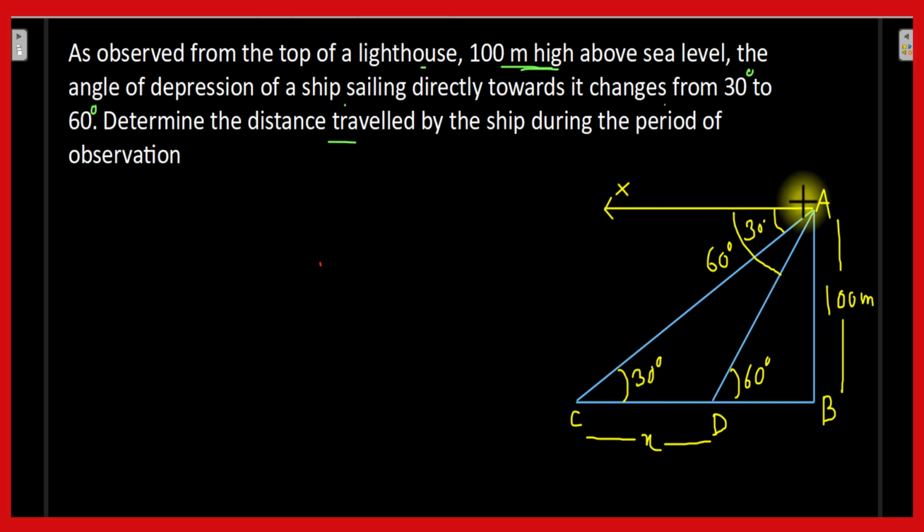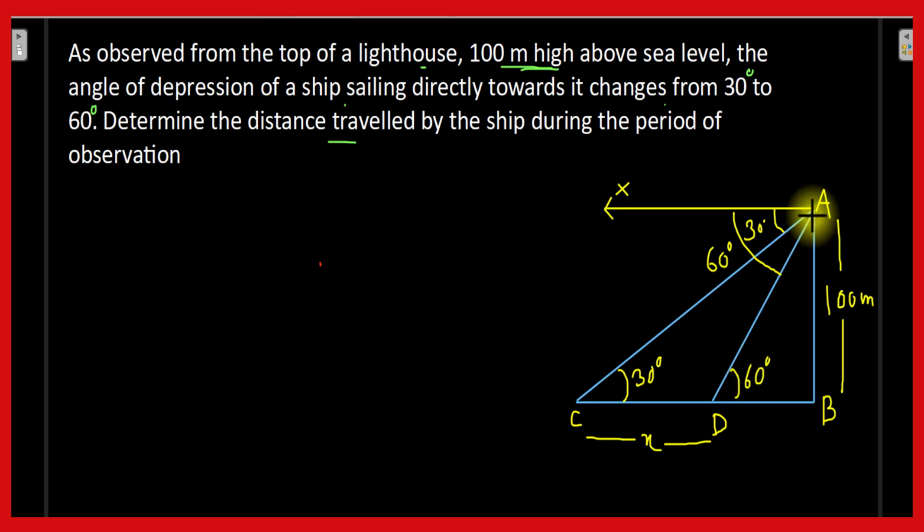Similarly, this is the line of sight and this is the sea level, so these two are parallel to each other. So AD will be the transversal, and these two angles are alternate interior angles, of the same measure. So if this is 60 degrees, this will also be 60 degrees.